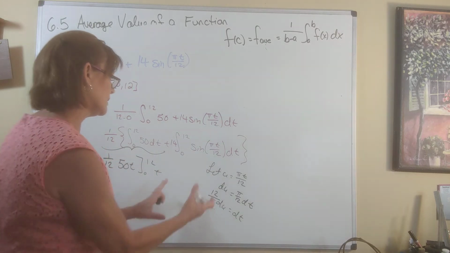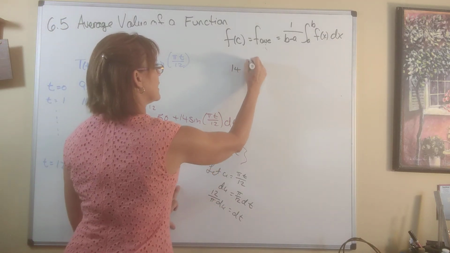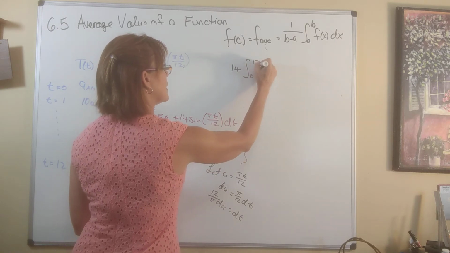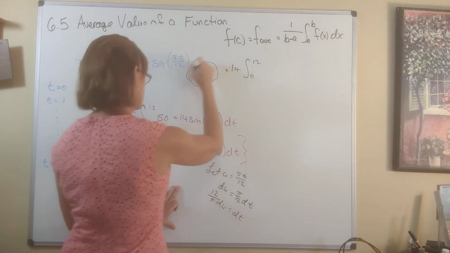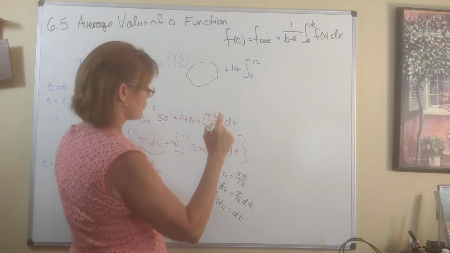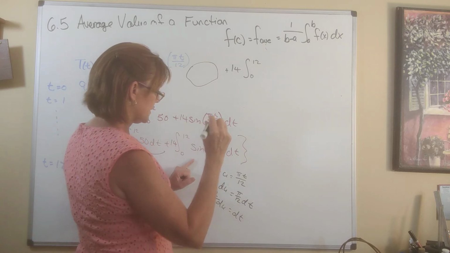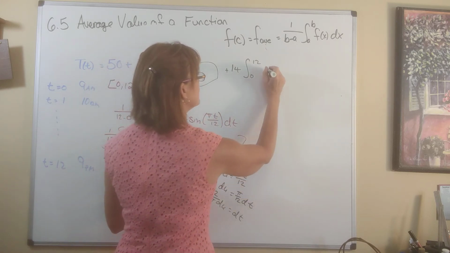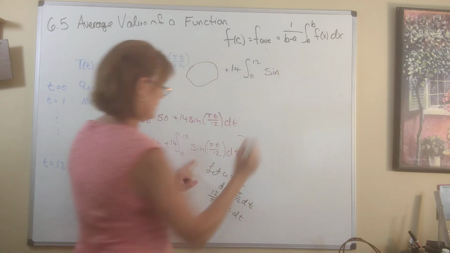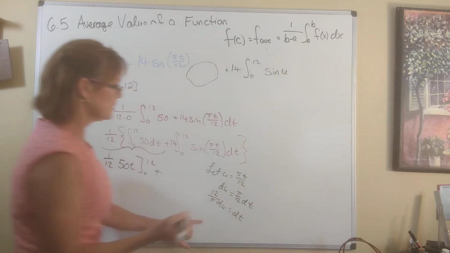All right, that's good. Then when I want to integrate this part, this is 14 on the outside, the integral from 0 to 12. And I remember I have this other little thing, which is this guy right here. 14 integral from 0 to 12 of the sine of u.